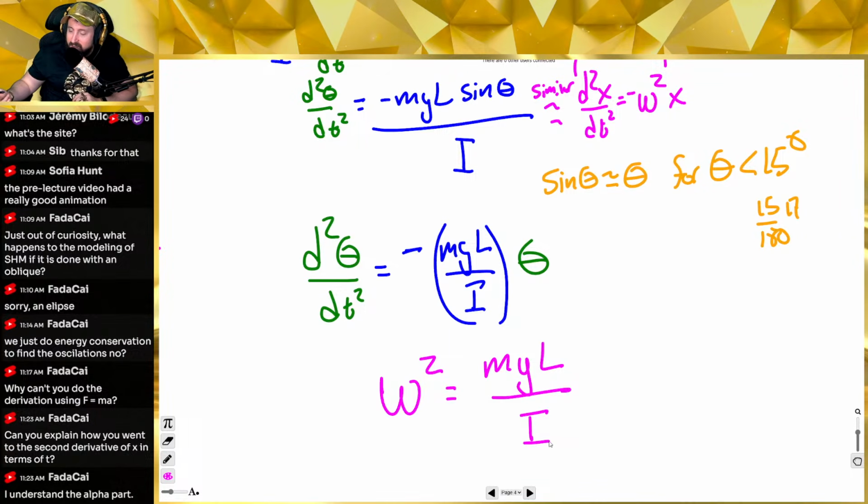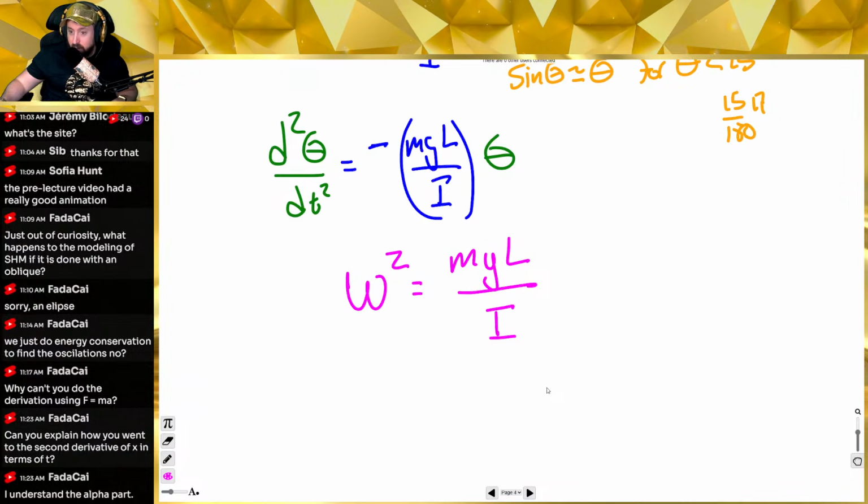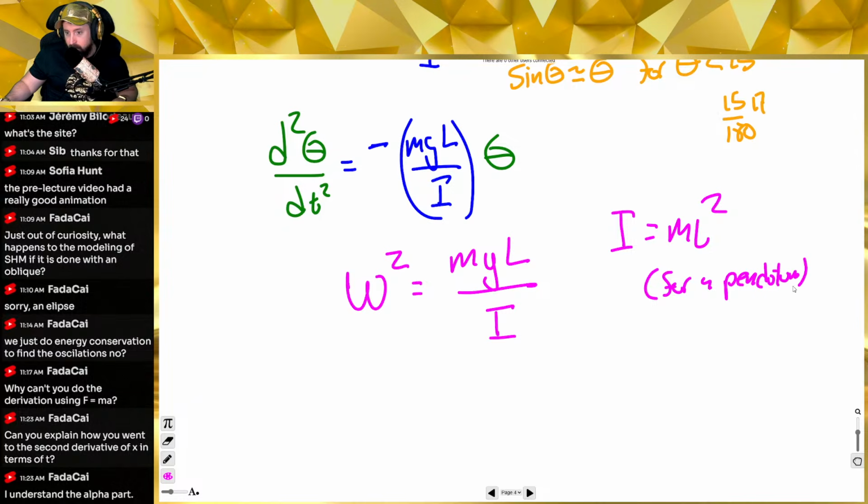So that is the angular frequency of oscillations of a pendulum, which for a pendulum, right, I is equal to ml squared. We say for a pendulum. So plugging that in, you get mgl over ml squared. M's cancel.